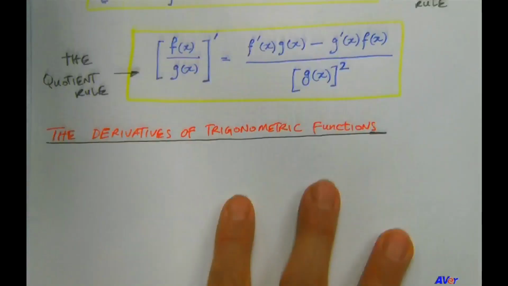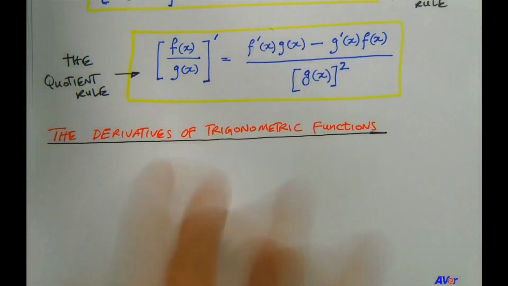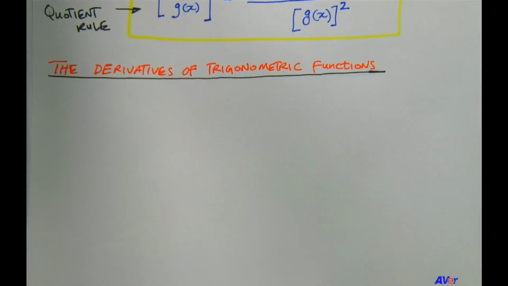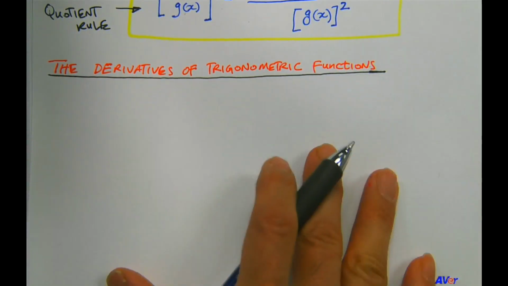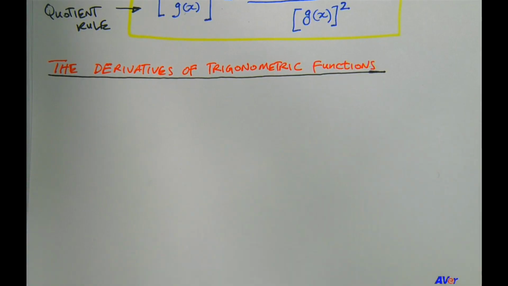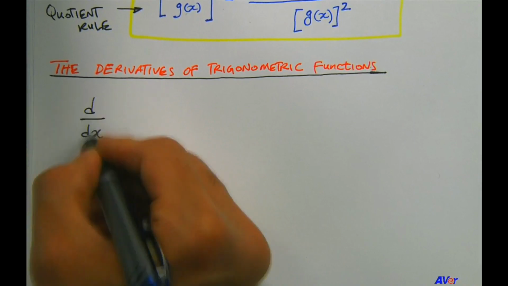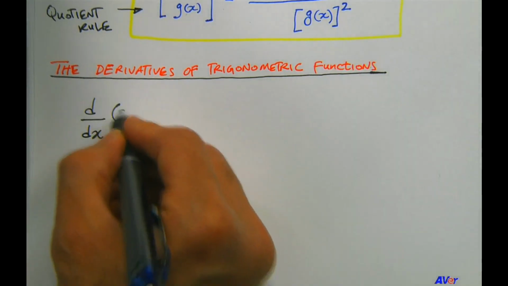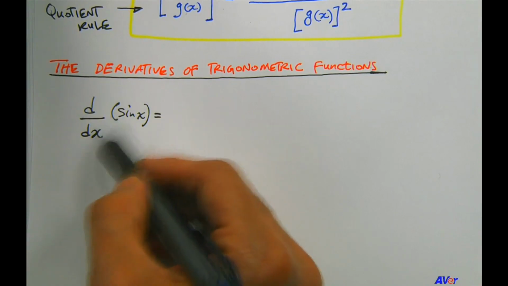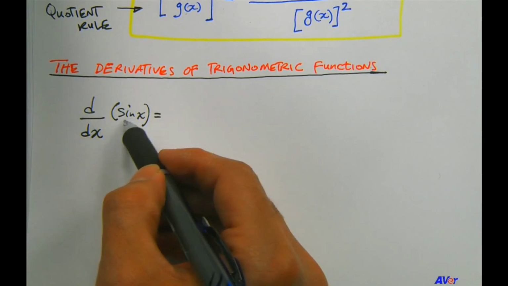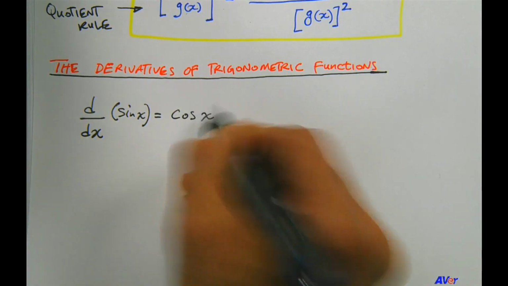Now, here I used the prime notation for finding the derivatives. Now I'm going to switch to the other notation for finding a derivative because we need to be familiar with both of those. So suppose we want to take the derivative with respect to x of the function sine of x. A few times we've dealt with the derivative of sine of x, so that is equal to cosine of x.